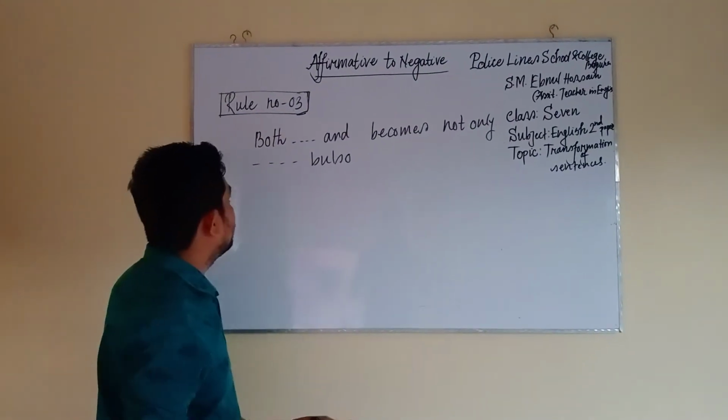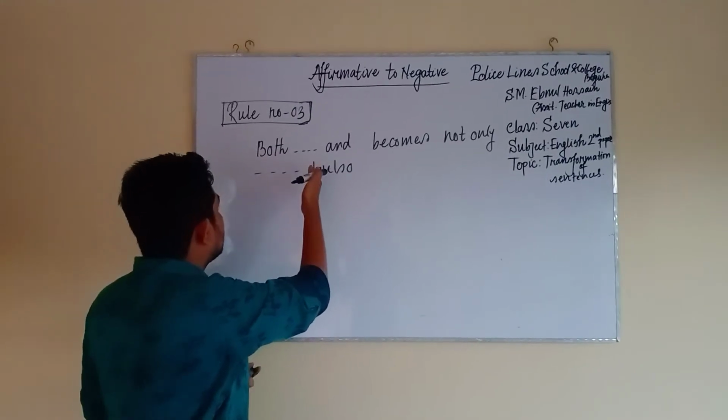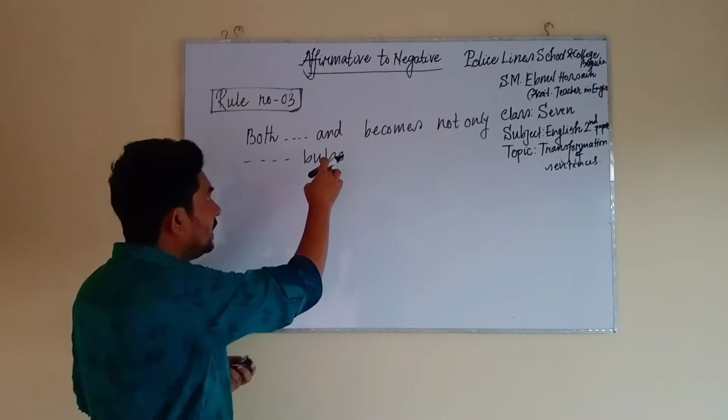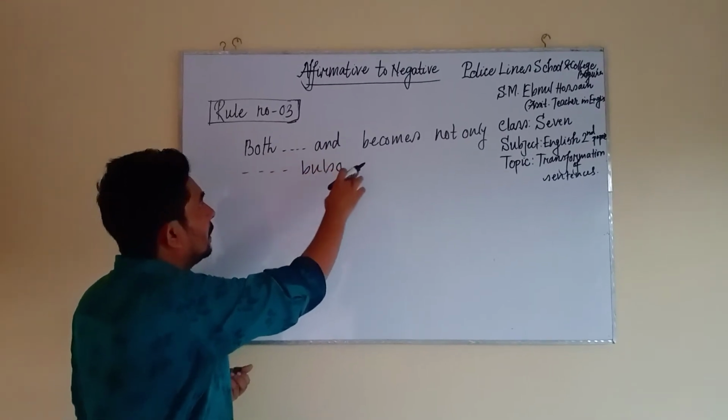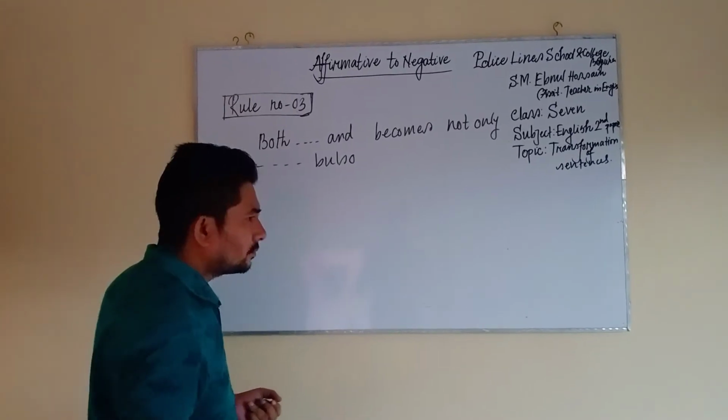That means if we find these conjunctions or connectors in the affirmative sentence, both and, then this both and becomes not only and but also in the negative.